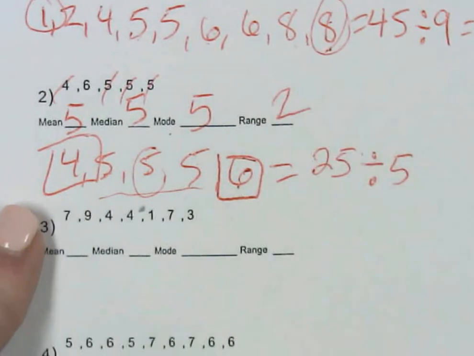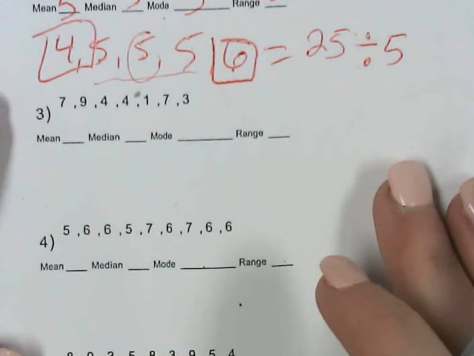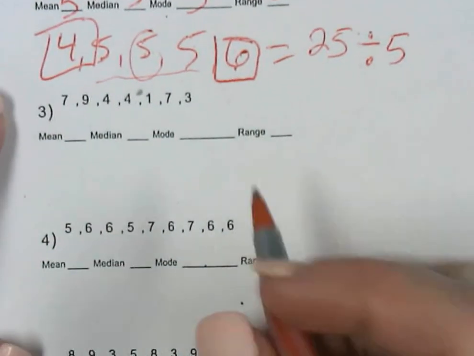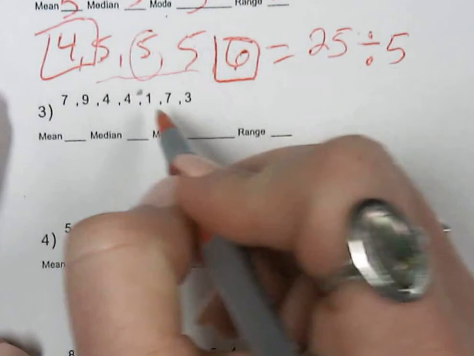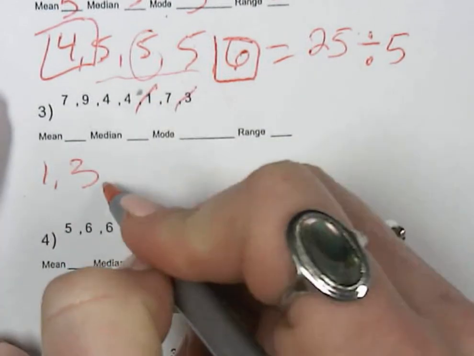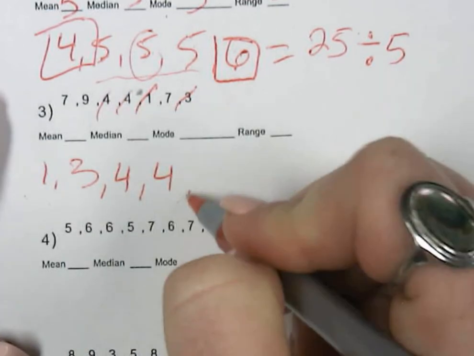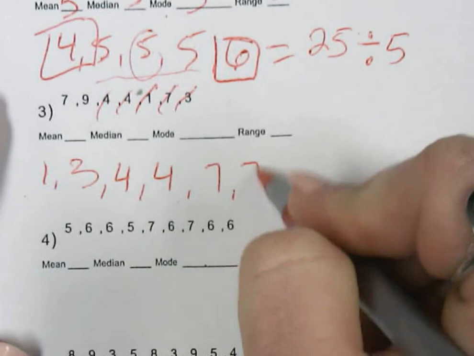All right, I'm going to do one more with you. Here's our number set. First thing we're going to do is put them in order, so it's better for us in the long run. Our first one, 1, 3, a 4, another 4, 7, 7, and 9.